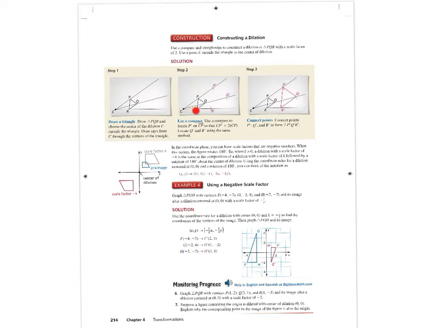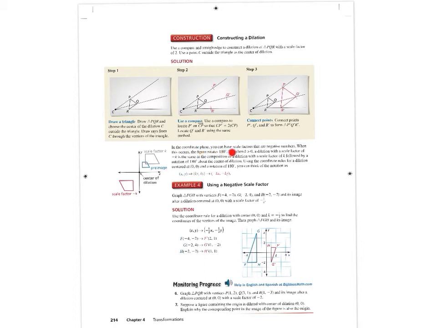Measure your distance from C to R so that you can double it and make your mark at R prime. And then step 3, connect the points P prime to Q prime to R prime and back to P prime, creating your dilated triangle P prime Q prime R prime that is twice the size of the pre-image PQR.